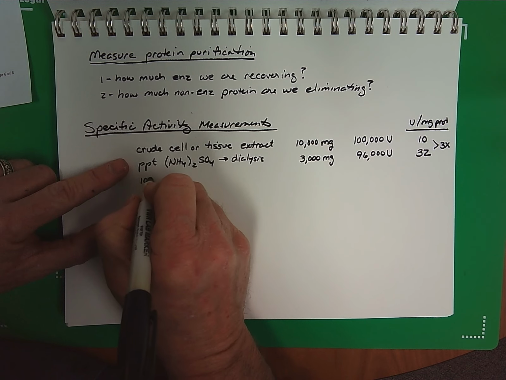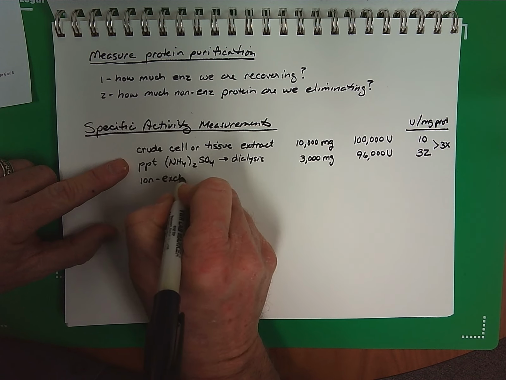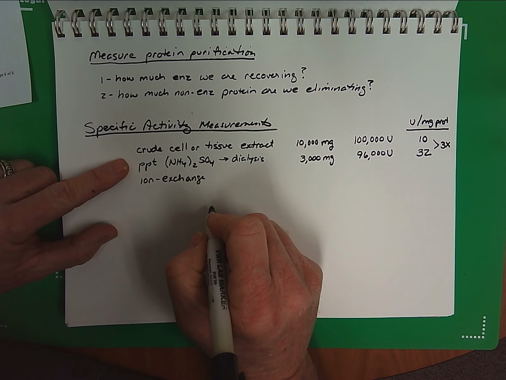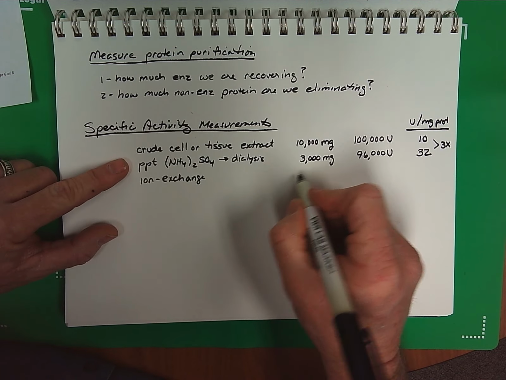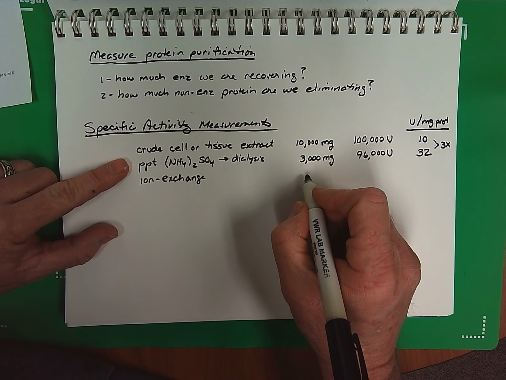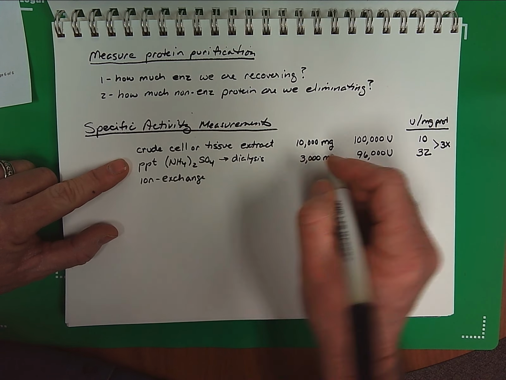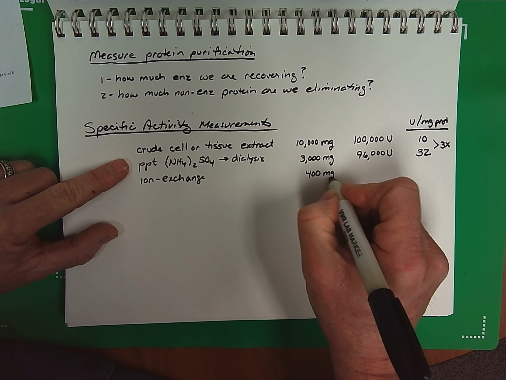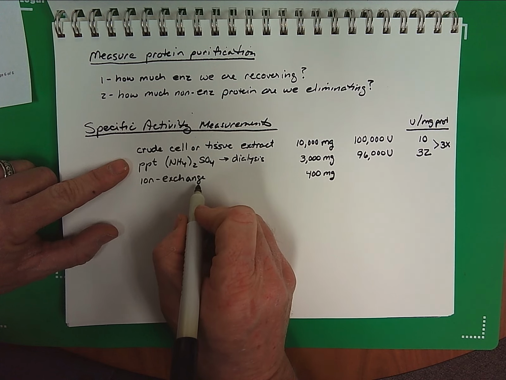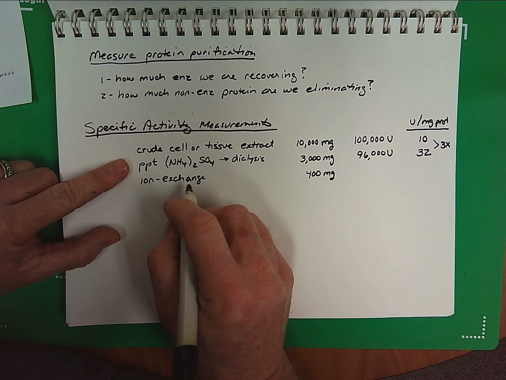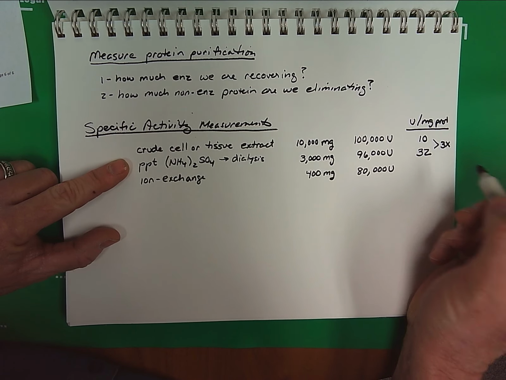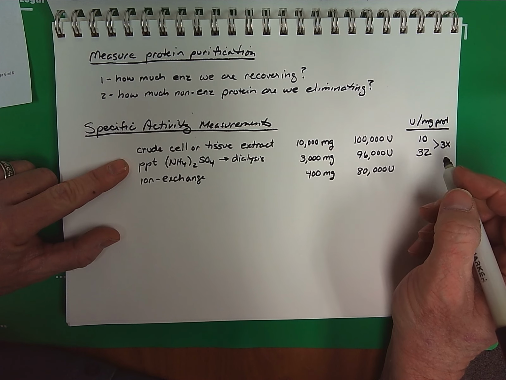Now let's say of our next step, we do an ion exchange chromatography step. And the solution, the eluate that comes out after eluting the column, we have 400 milligrams of protein left that was bound to the column. And in here we measure 80,000 units of enzyme activity.